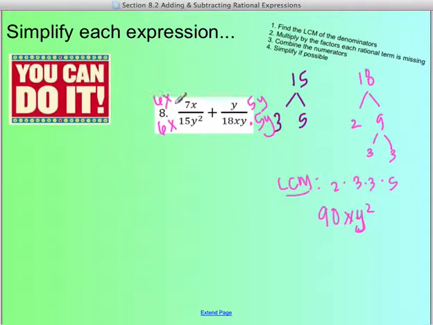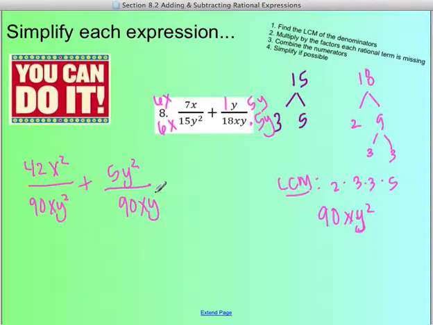Okay, so in my numerator, I would have 6 times 7, which will give me 42. x times x gives me x squared. Over 6 times 15 is 90xy squared, plus 5 times 1, so I would just have 5, and then y times y is y squared, all over 18 times 5 is 90xy squared.